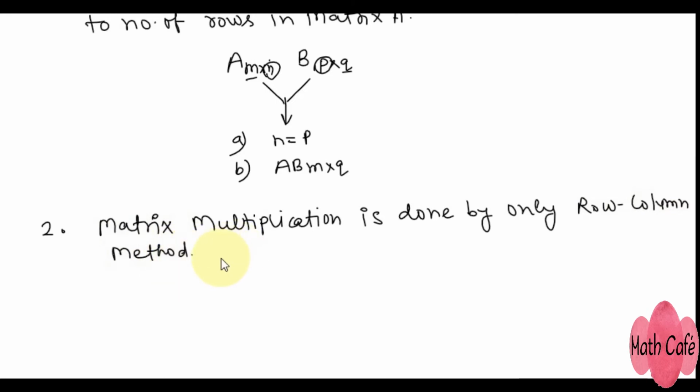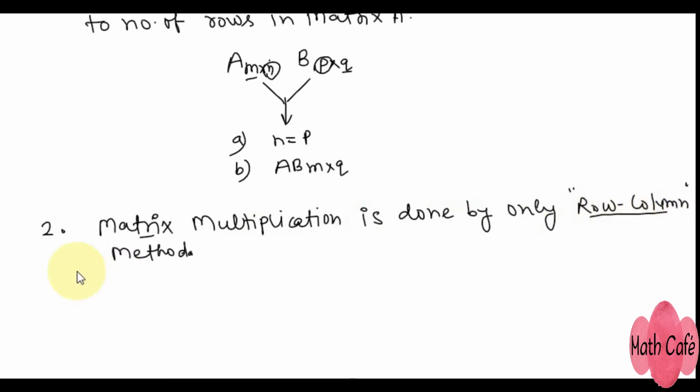Actually, we have seen in determinants that we can multiply two determinants by four methods: row by row, row by column, column by row and column by column. But matrix multiplication is done by only the row by column method.